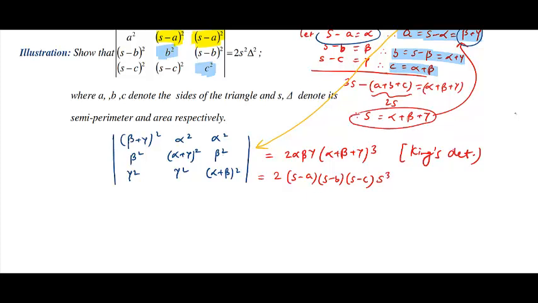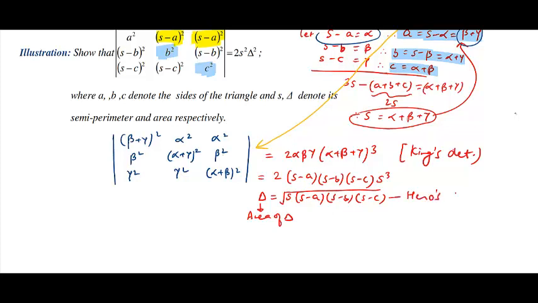So into s cube. And recall that the area of the triangle, delta, is the square root of s(s minus a)(s minus b)(s minus c). This is Heron's formula, which you have studied in lower grades.